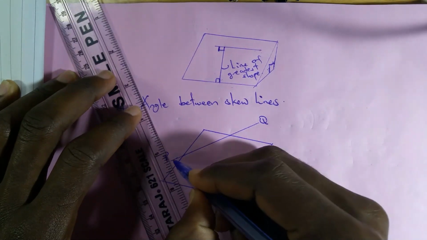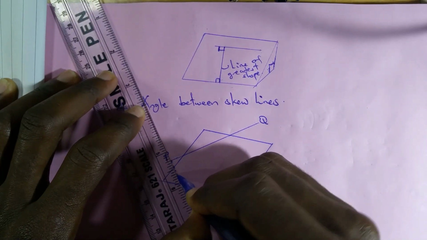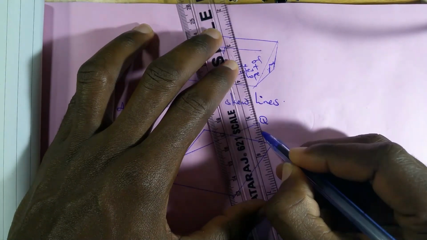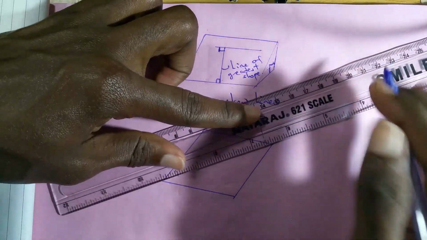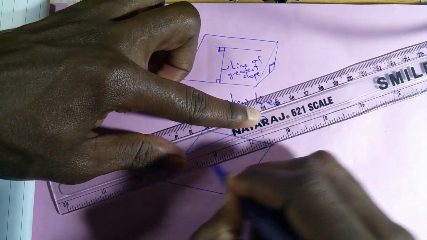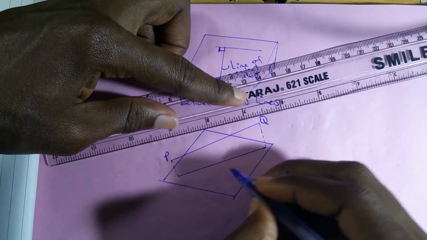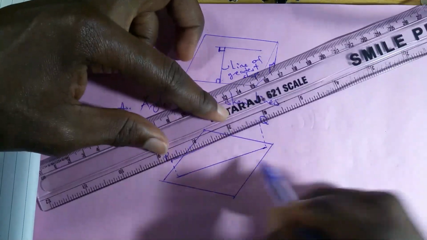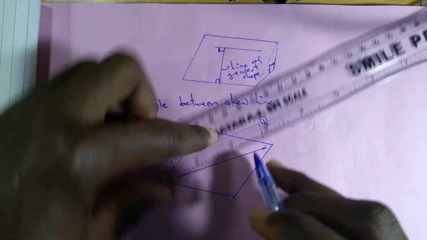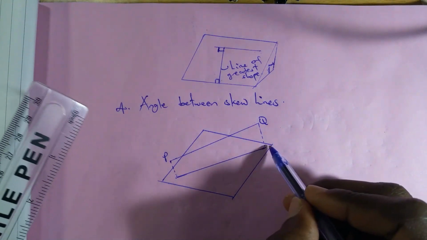Now let's cast its shadow here, and we join. I've not made it perfectly parallel in the drawing, but let's assume it's parallel because this is a shadow of that, so it should be parallel.